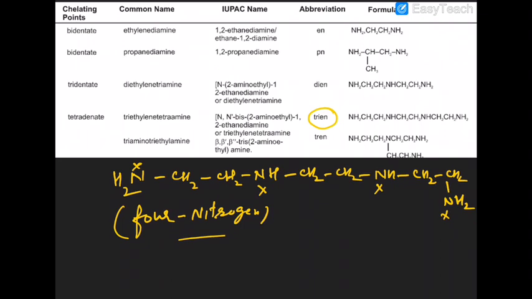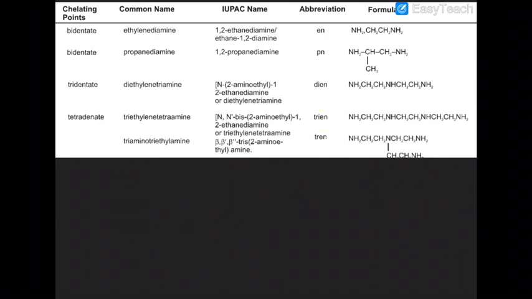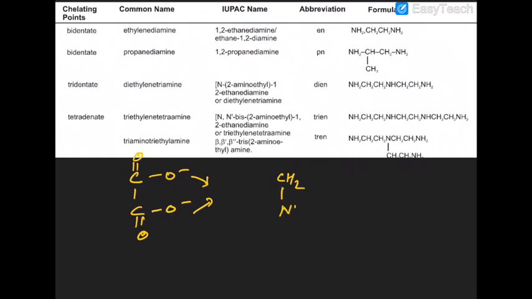Similarly, you have other bidentate ligands also. Look at that. Oxalato is also bidentate, where 2 oxygens can give you electrons. Similarly, glycinato has this nitrogen and this oxygen.